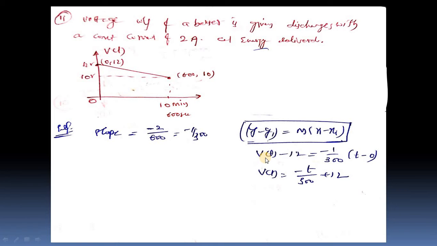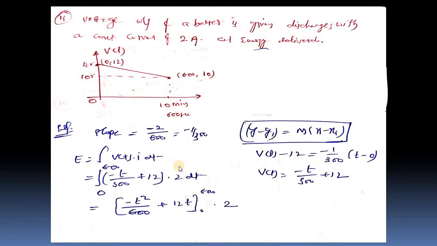The y axis is v of t, so v of t minus y1, which is 12 volts, is equal to m, the slope we have calculated, that is minus 1 by 300, into x minus x1. The x axis is the time axis, that's why it is t minus x1, which is 0. So from this, v of t is equal to minus t by 300 plus 12.